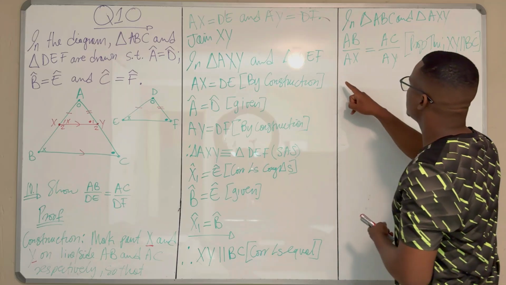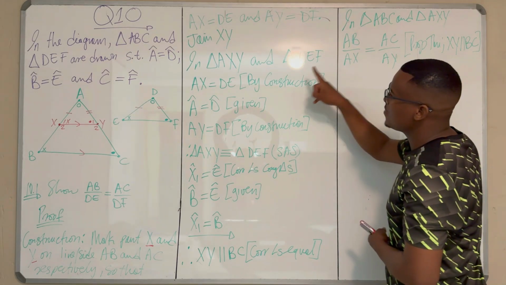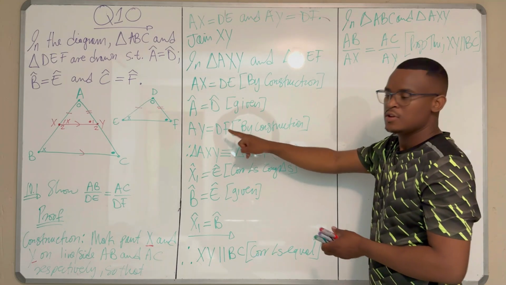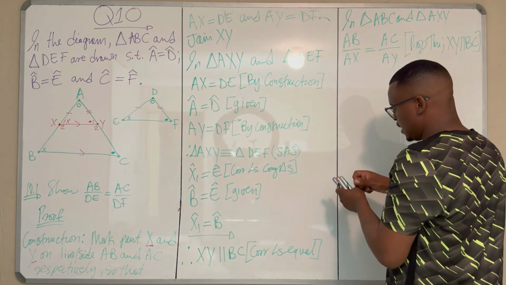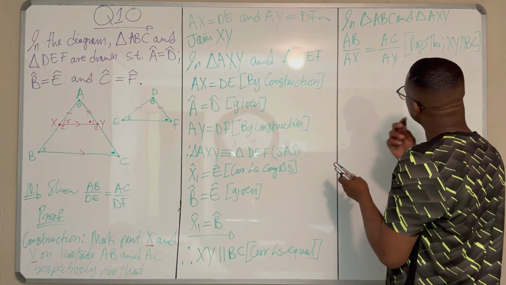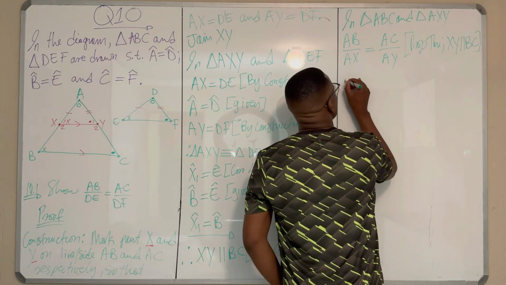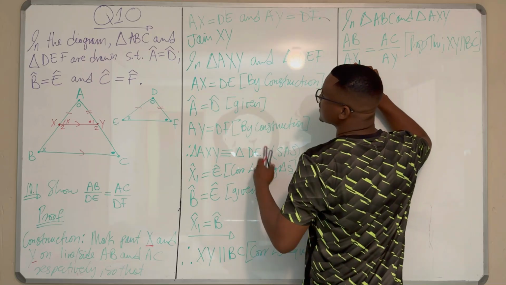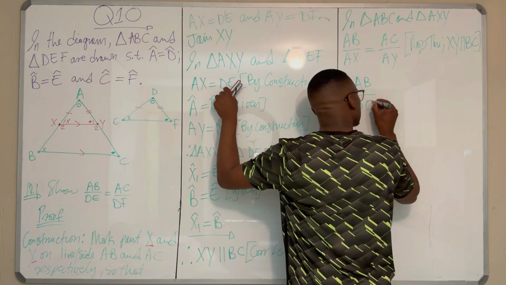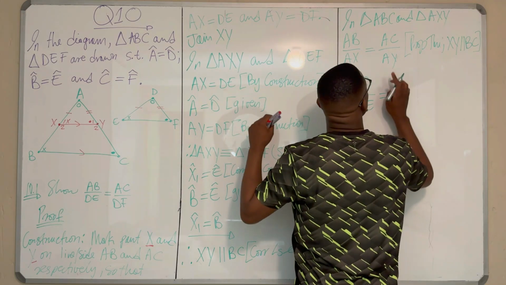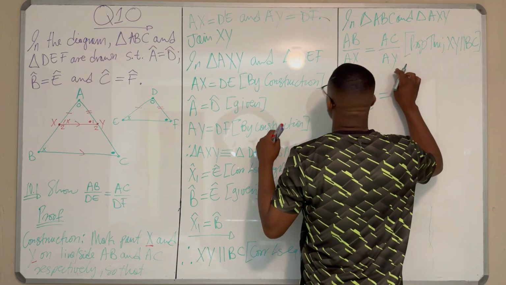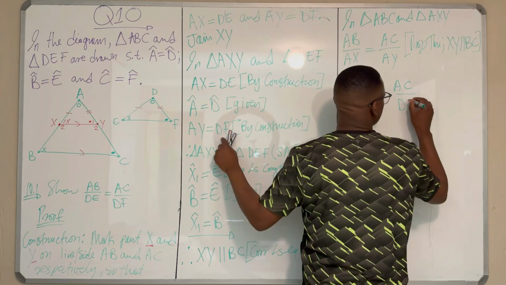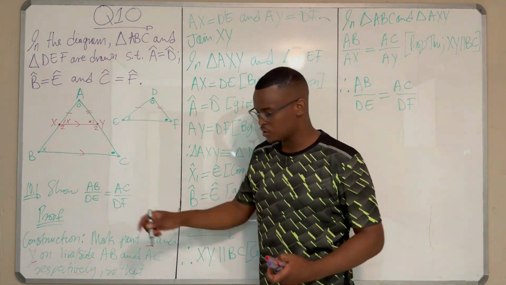So in that case, we will say, therefore, AB over AX, where AX is the same as DE, is equal to AC over AY. Our AY, by our construction, is the same as DF, which is what we wanted to prove to begin with.